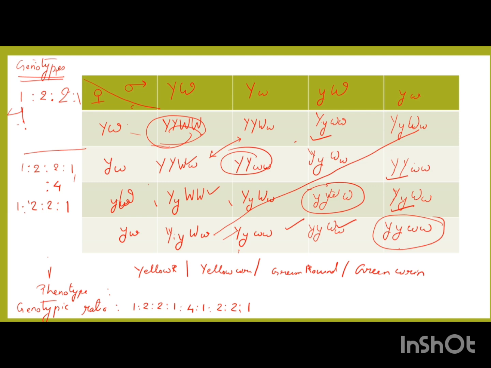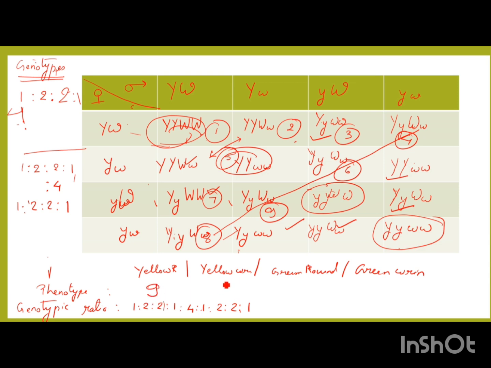Now when we talk about the phenotypes, we have to calculate. When we start calculating, you will find capital Y and capital W in 1, 2, 3, 4, 5, 6, 7, 8, 9 places, so it comes to 9.